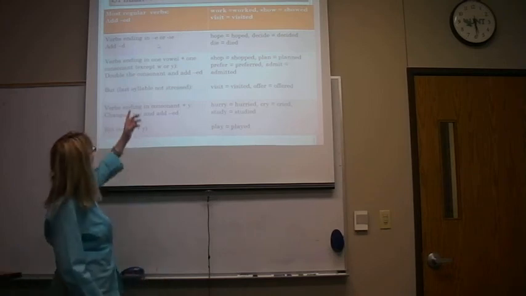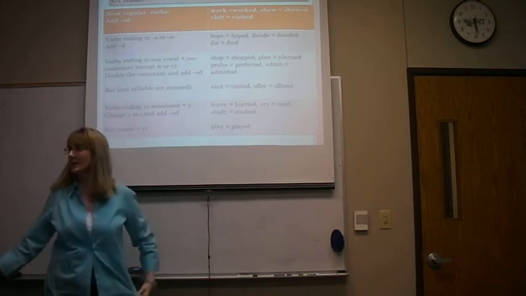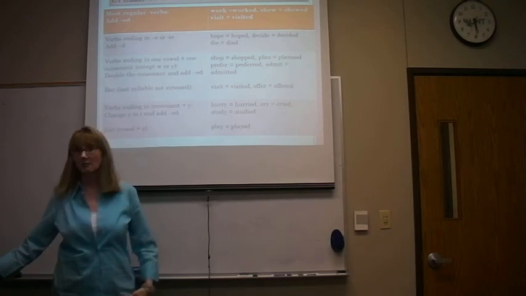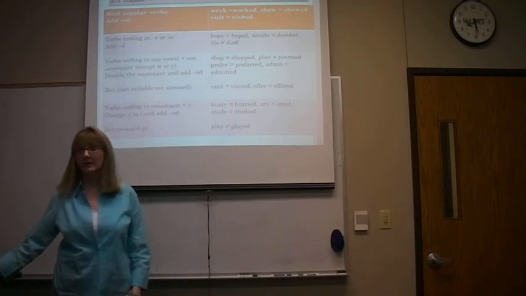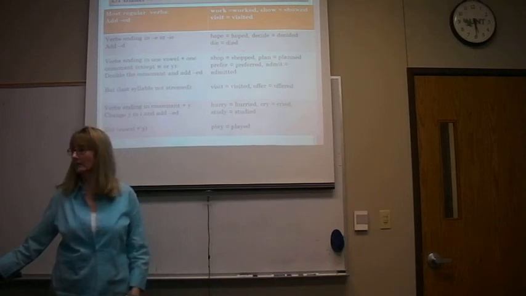But if the verb ends in an e or an ie, you just add d. For example, hope, do you see the e there? That becomes hoped. Die, see the e? Just add the d, died.